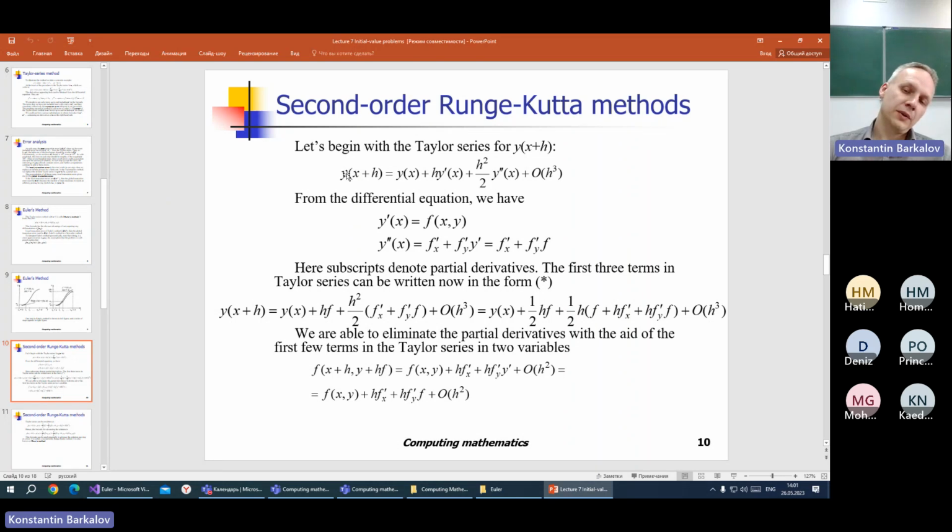From the differential equation, we have that the first derivative equals f of x y, and the second derivative equals f prime x plus f prime y times y prime x, according to the rules of differentiation of a complex function. Here subscripts denote the partial derivatives.